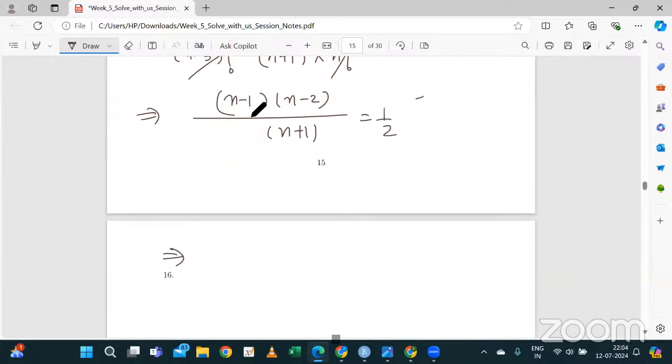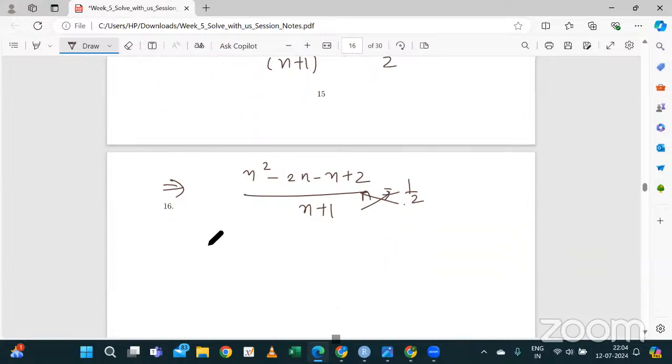If you solve this, you will get N square minus 2N minus N plus 2, divided by N plus 1 equal to half. Now we have to cross multiply. So you will get 2N square minus 6N plus 4 equal to N plus 1.